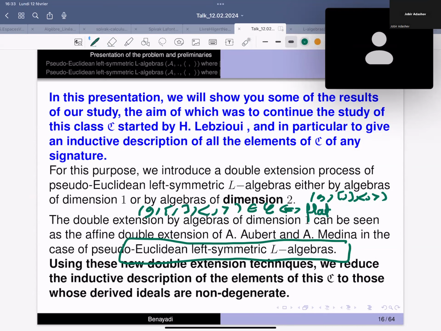Flat is equivalent to: the vector space G with the Levi-Civita product is left symmetric, and this left-symmetric algebra is an L-algebra.